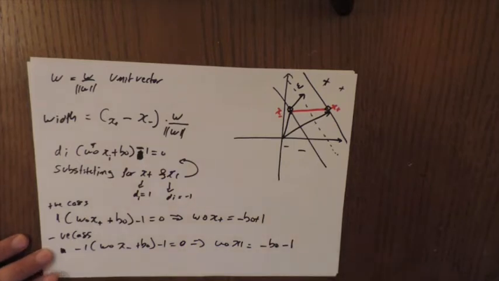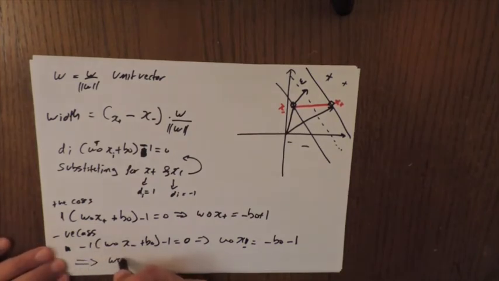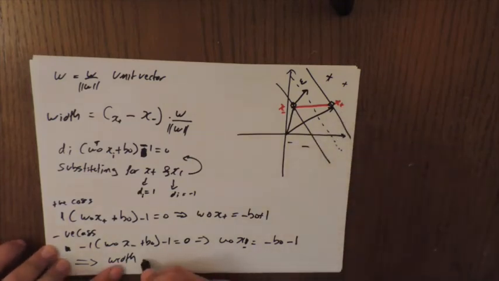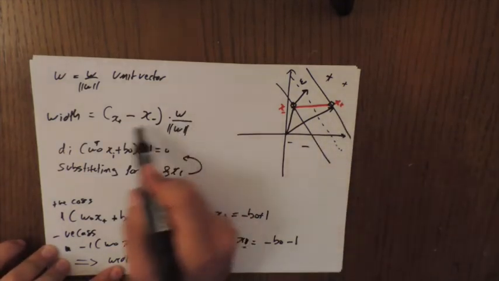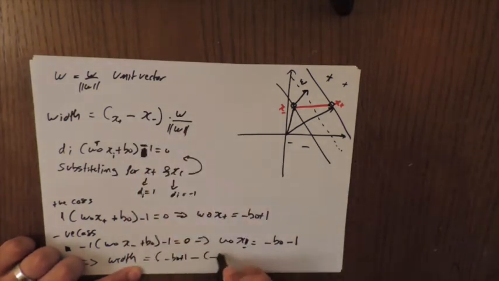Now if I substitute those new values inside the width, the width between the positive x and the negative x is equal to, I have w x plus and w x minus, so this will be minus b0 plus 1 and minus b0 minus 1, over the magnitude of w.